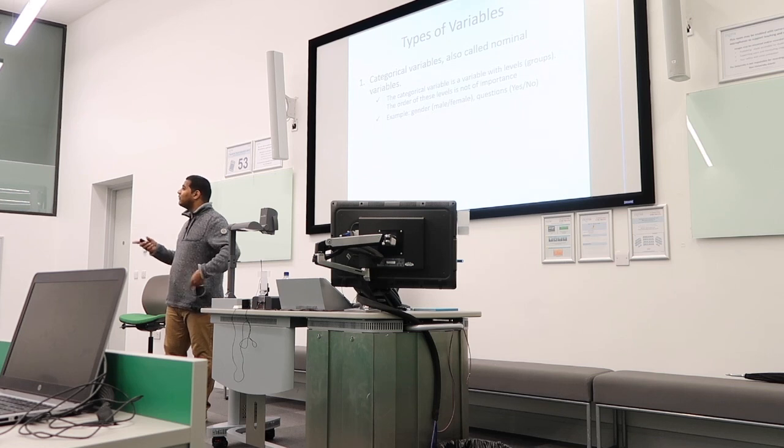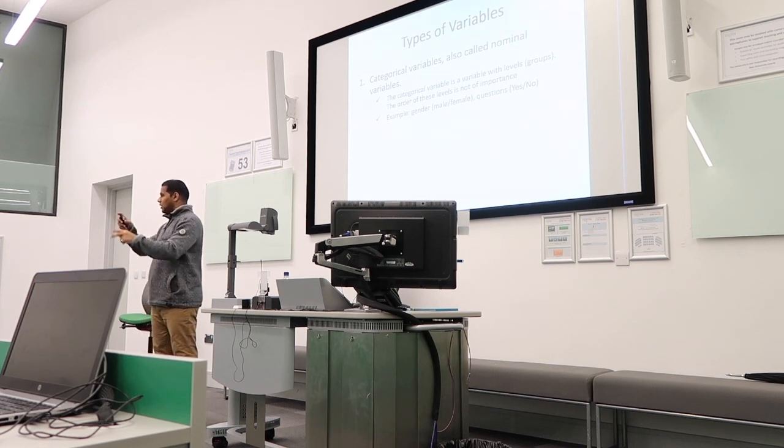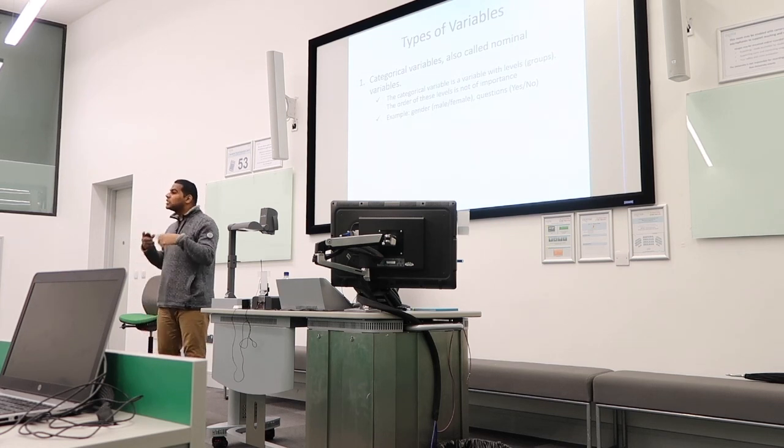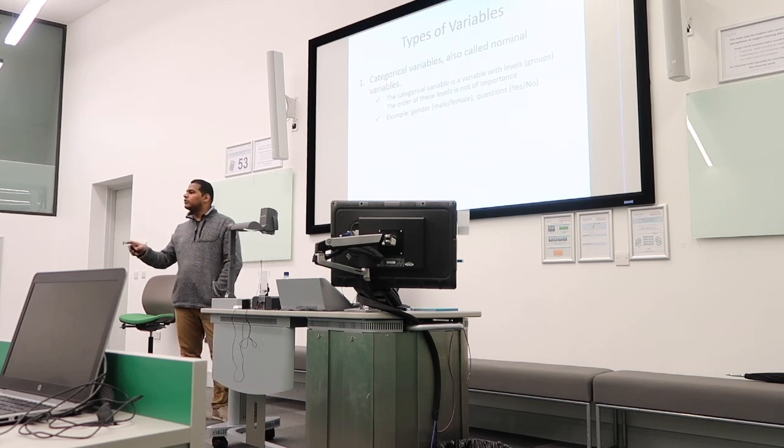If I give you this as a survey, yes or no? So I can give 1 to no, 2 to yes, or the opposite is right. For example, I give 1 to no and 2 to yes. So the number does not give order, just giving it for the sake of giving a name to the category.